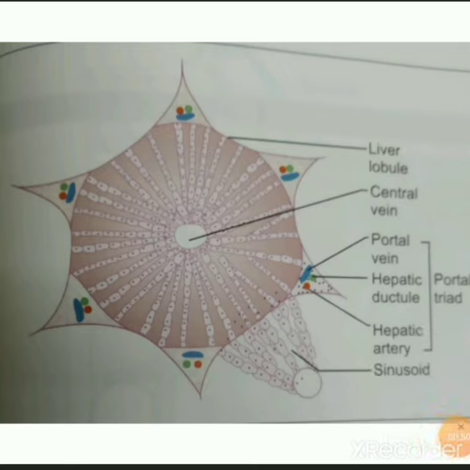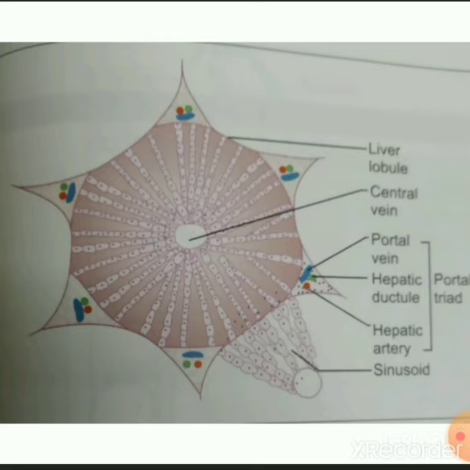The liver cell secretes bile, and it is poured into bile canaliculi. The canaliculi form a hexagonal network around the liver cell, and at the periphery of the lobule, the canaliculi become continuous with intralobular ductules, which in turn become continuous with larger interlobular ductules of the portal triad. Thus, there are interlobular ductules, portal vein, and hepatic artery.